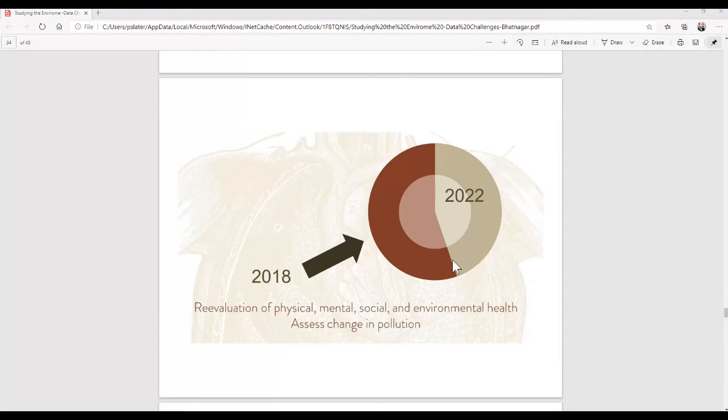So that would, of course, be a classical before-after evaluation, and lead us to a better understanding of what the effect of the environment may be on individuals, and how the environment changes with the natural environment.